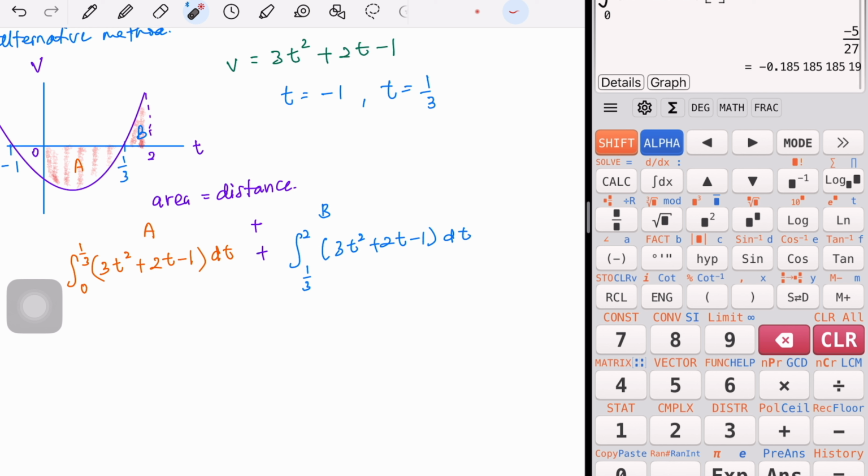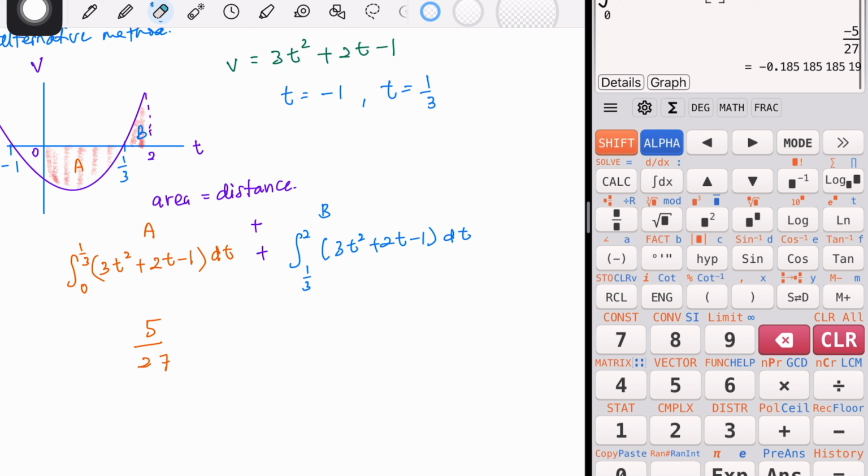I'm going to convert it to a fraction to make it easier to see and write. It's going to be negative 5 over 27. We're going to ignore the negative. Negative means it's just at the bottom of the axis, but because we want to find total distance, we ignore it.